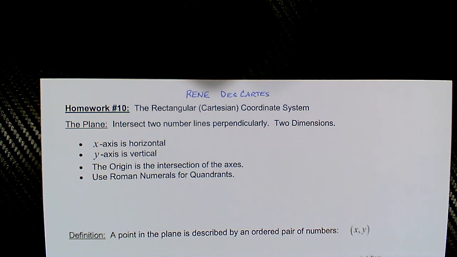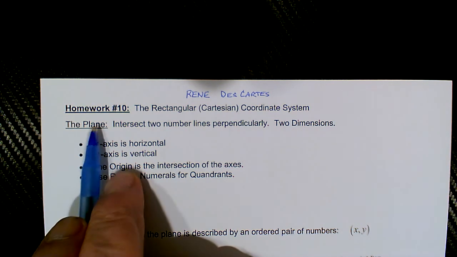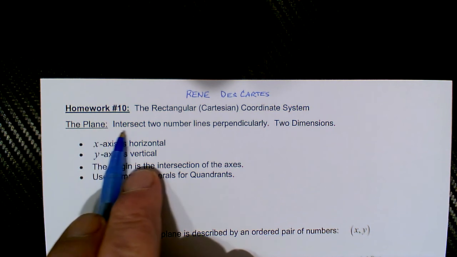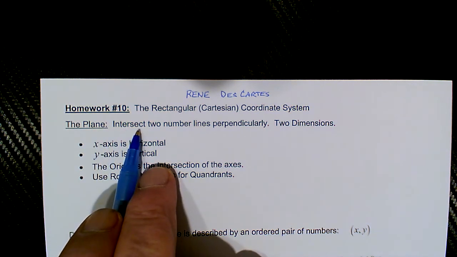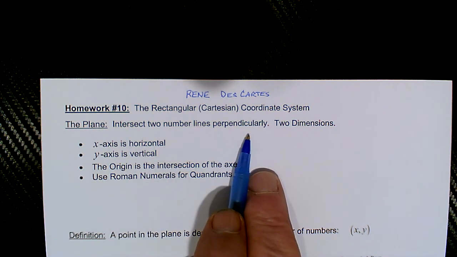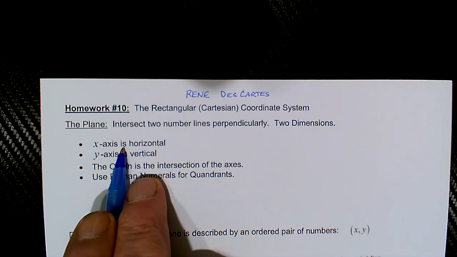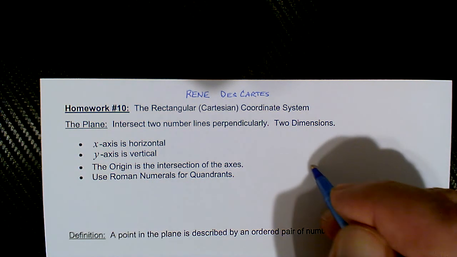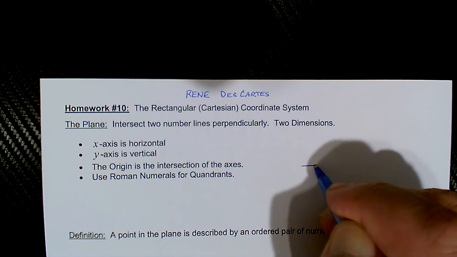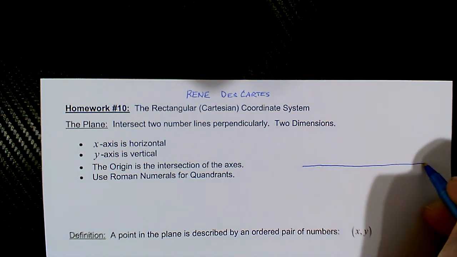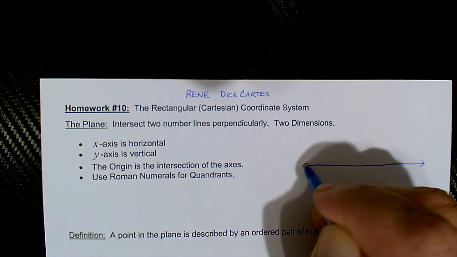And we call it the coordinate system, so rectangular, Cartesian, often referred to also as the plane. It's basically just an intersection of two number lines in a perpendicular fashion, and it is two-dimensional. So we have an x-axis, which is horizontal. So let's just make a sketch of the plane to get a feel for what it looks like.